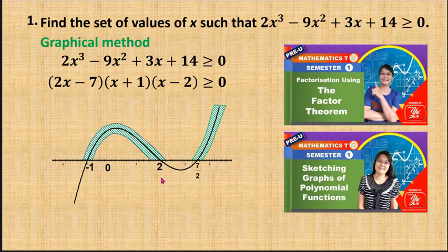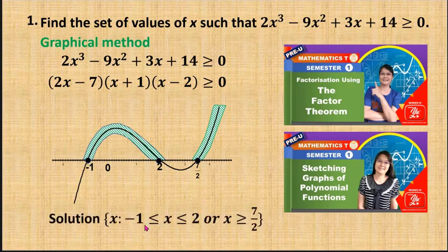In this case, they are all included because the inequality is greater than or equal to 0. Based on the graph, then the solution is x is greater than or equal to -1 and less than or equal to 2, or x is greater than 7/2.